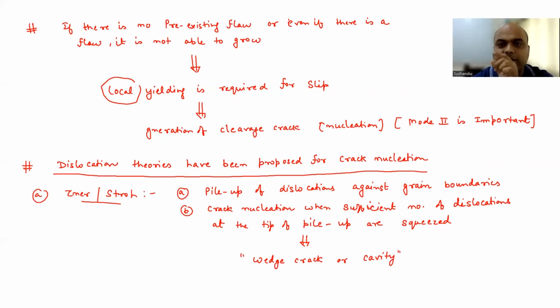So you have a boundary, dislocations are getting piled up against that grain boundary. And if you have a sufficient number of dislocations at the tip of the pileup, they are going to get squeezed, leading to a wedge crack. I will show you the schematic now. Suppose you have a pileup, and then you have dislocations, something like this, and your grain boundary is somewhere here.